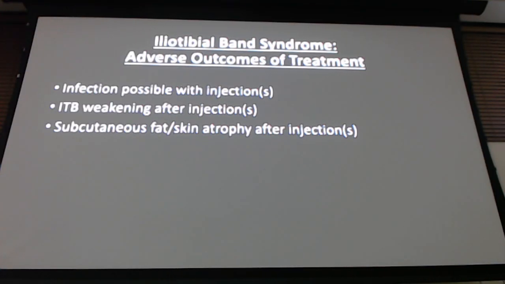Especially if you're doing it around Gerdy's tubercle, you can weaken that insertion, and then you can actually cause an issue. So be careful with what you're doing. Subcutaneous fat and skin atrophy after injections, and that is again cumulative. If you do multiple of them, you may have more of that breakdown of the adipose tissue and blanching of the skin.